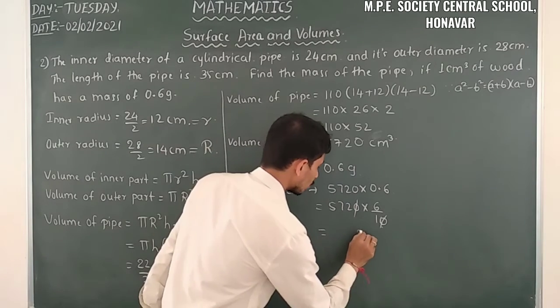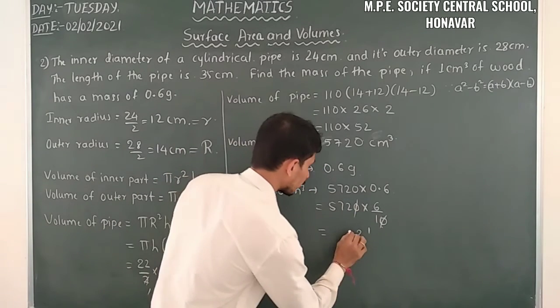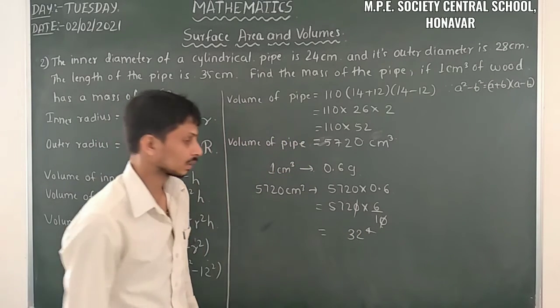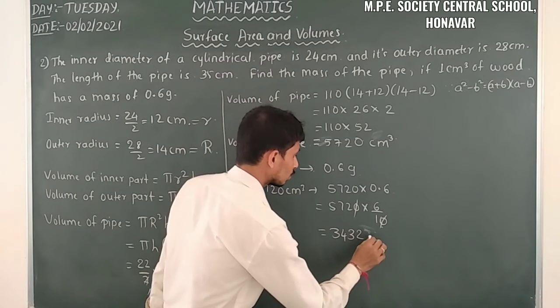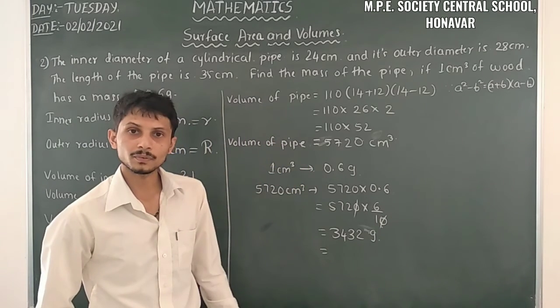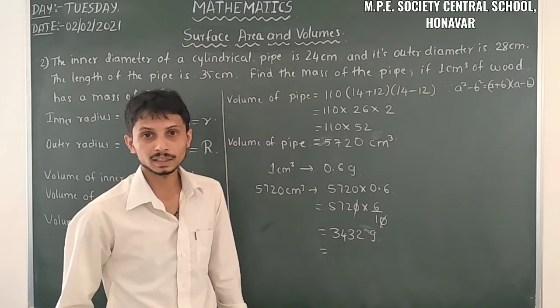6 into 2, 12, and 6 into 7, 42, and 12 is 43, 4 remains. 6 into 5, 30. 30 plus 4, 34. So 3432 grams. And this one we can convert into the form of kg. Kg means 10 raised to 3.